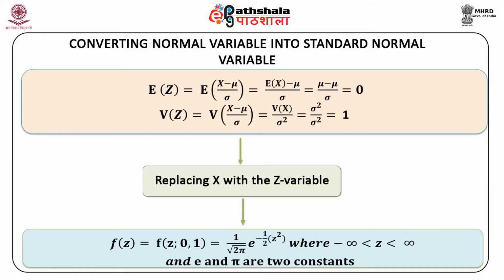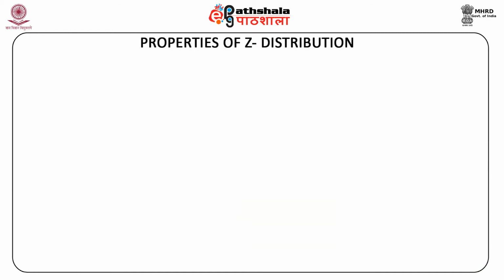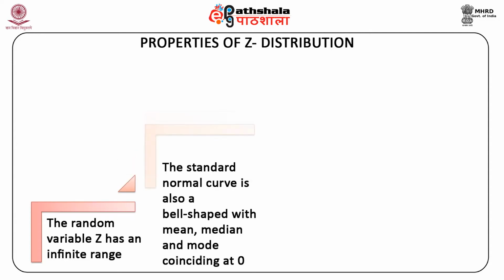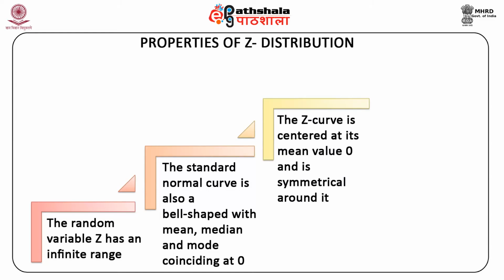Properties of z distribution are similar to those of normal distribution. That is, the random variable z has an infinite range. That is, z lies between minus infinity and plus infinity. The standard normal curve is also bell shaped with mean, median, and mode coinciding at 0. The z curve is centered at its mean value 0 and is symmetrical around it.